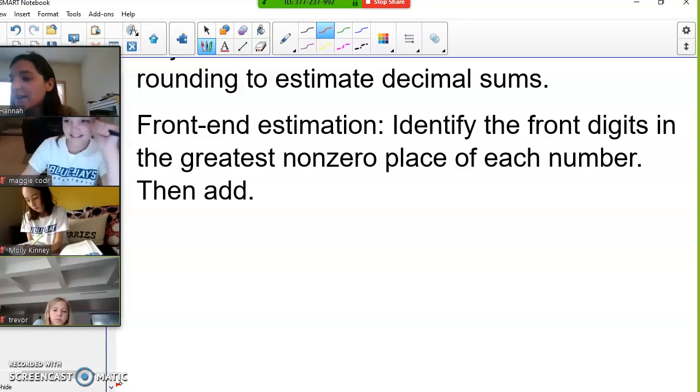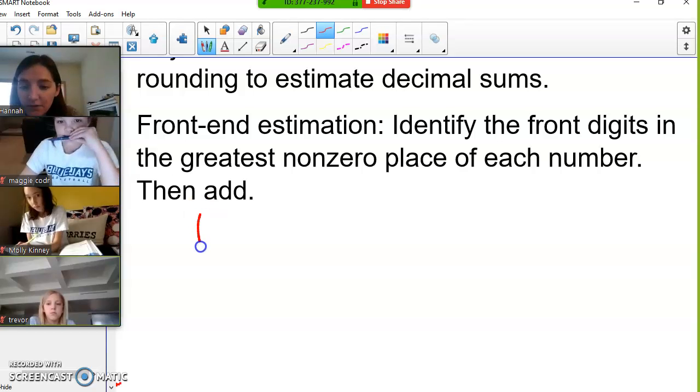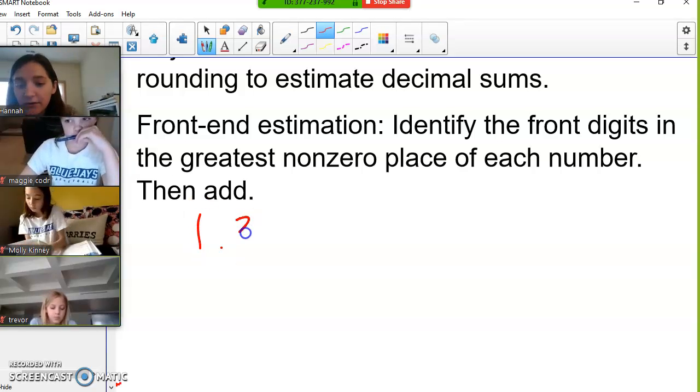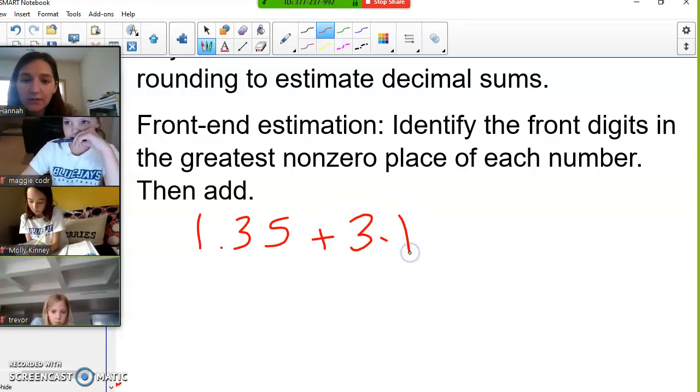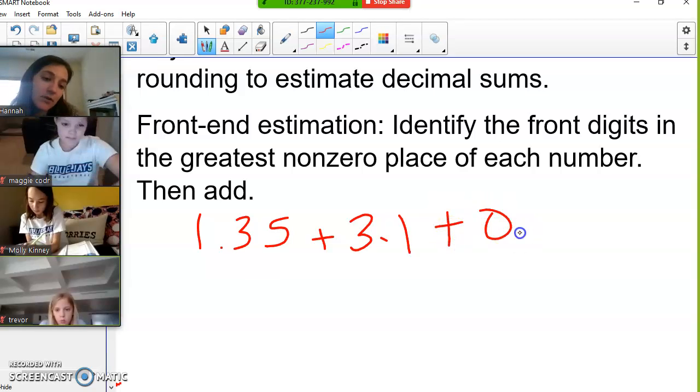So we're trying to find the total amount that John ran and biked. So we're going to have 1.35 plus 3.1 plus 0.75.